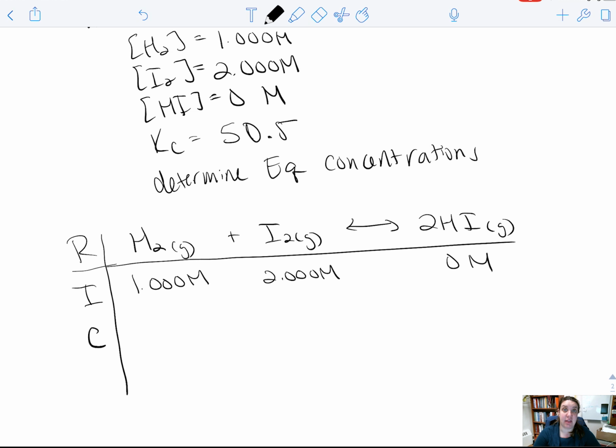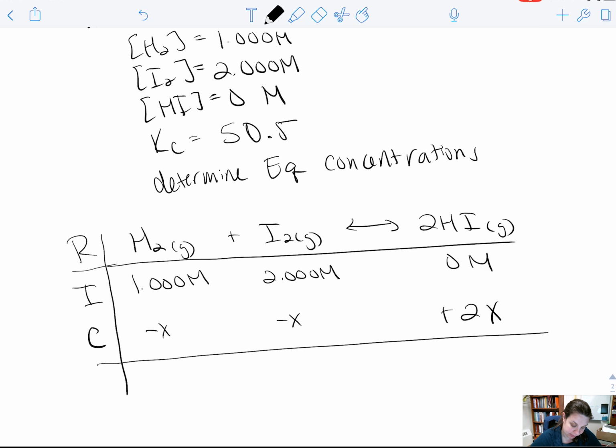Our change is going to be exactly how we saw it before, minus x for our reactants, because we have to shift from reactants to products in order to reach equilibrium, and we would figure that out using our reaction quotient. So if we were to put these values into our reaction quotient, we would see that we would need to shift towards products. So we need to remove H2, we need to remove I2, and we need to produce HI, and this will give us our equilibrium of 1.000 molar minus x, 2.000 molar minus x, and then 2x.